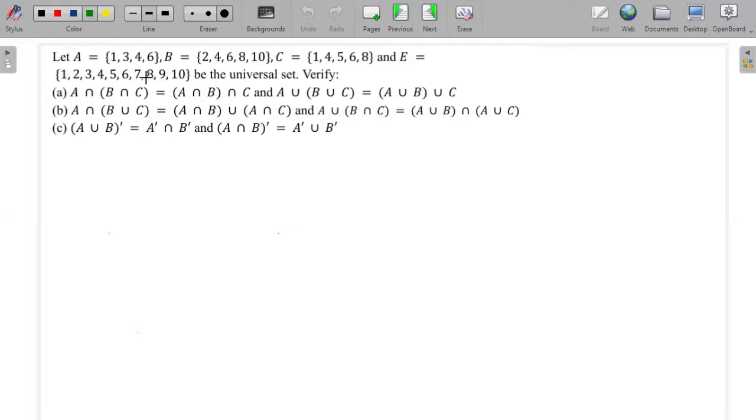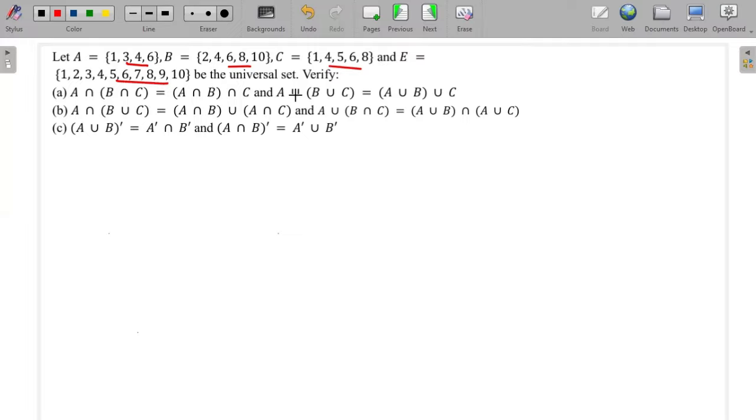So here they have given us some sets and then they want us to verify something. It's very easy. We just show that the right-hand side is actually the same as the left-hand side. So when we read the question here, they're saying let A be equal to this set, B be that set, C be that set, and then the universal set be from 1 all the way up to 10.